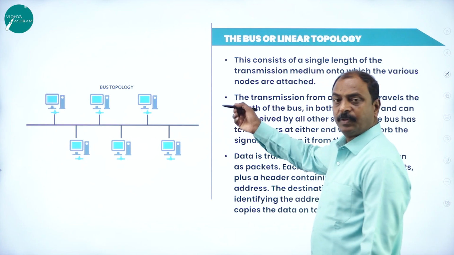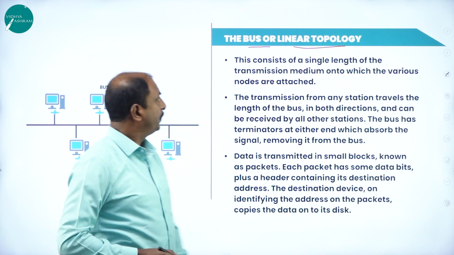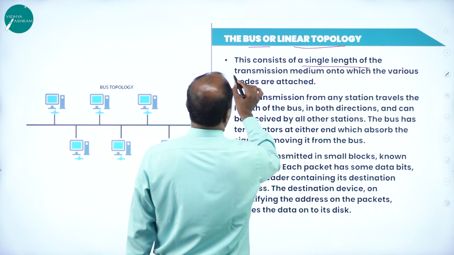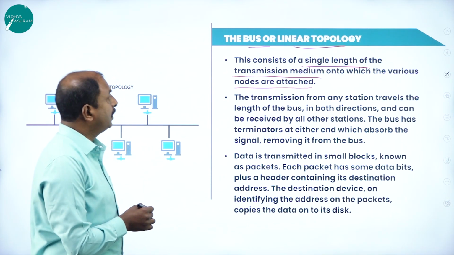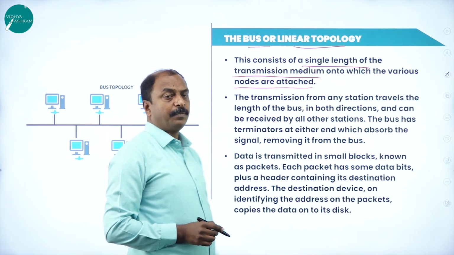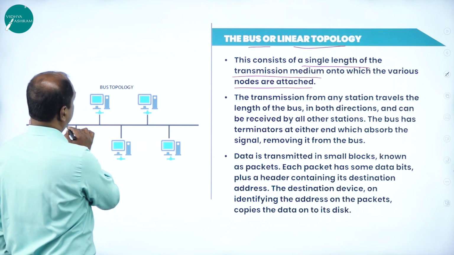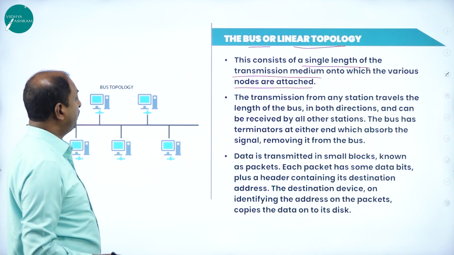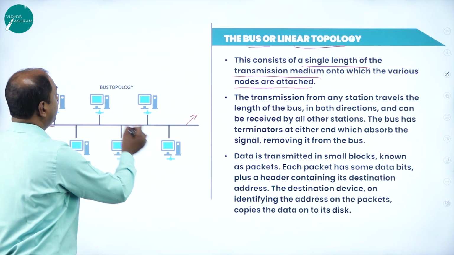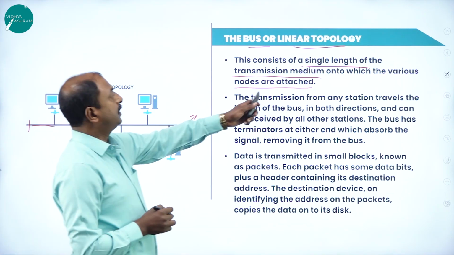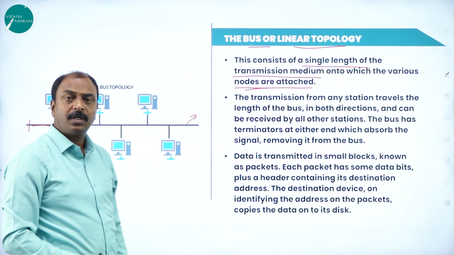Next we look at another type of topology, that is the bus or linear topology. This consists of a single length of transmission medium onto which the various nodes are attached. Look at the example here. In this diagram, from here to here, it is a continuous, single transmission medium, to which all devices are connected independently. That is the meaning of a single length of medium onto which various nodes or computers are connected.